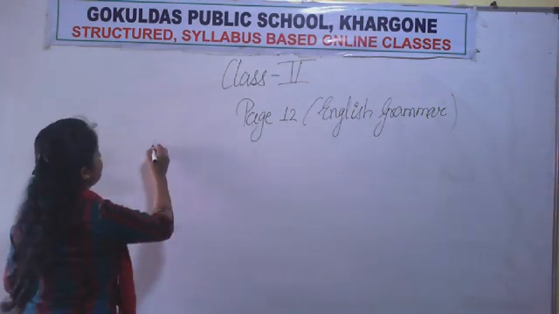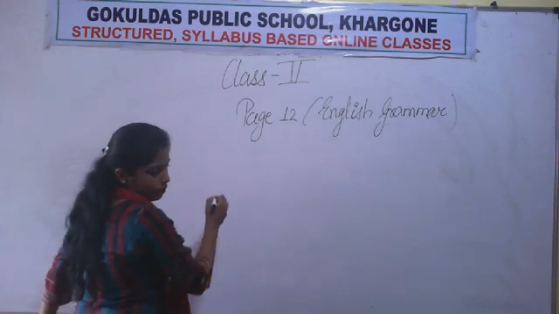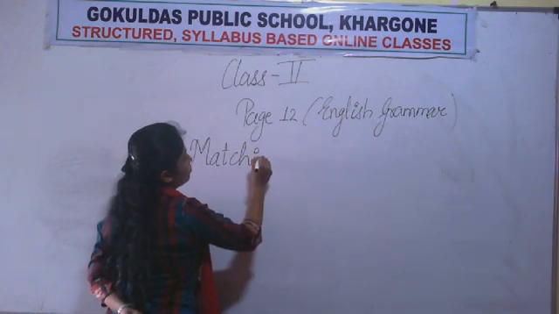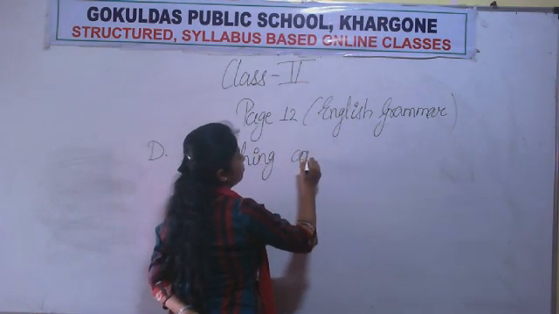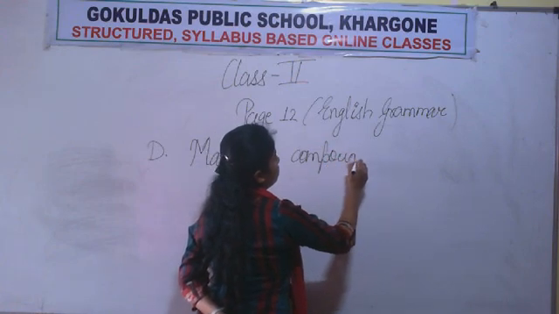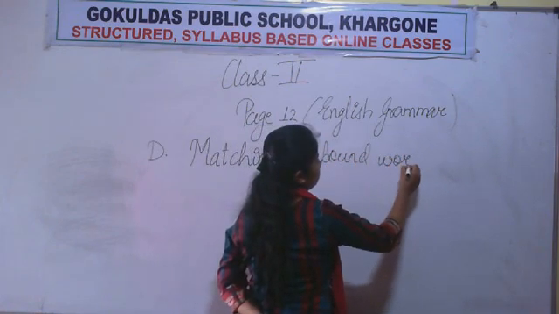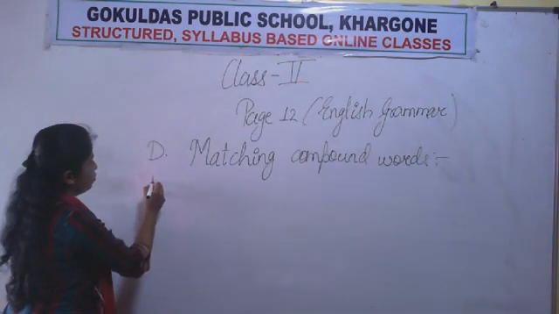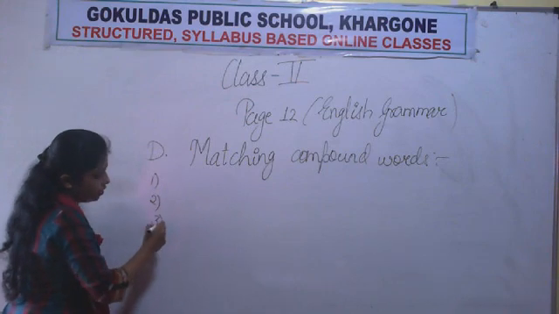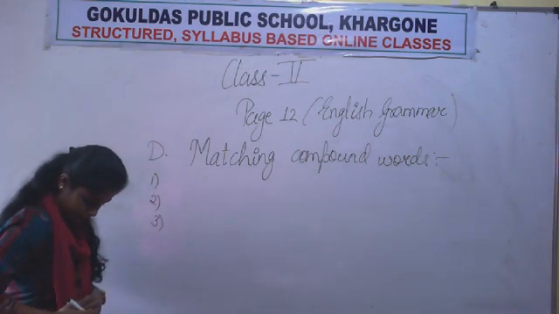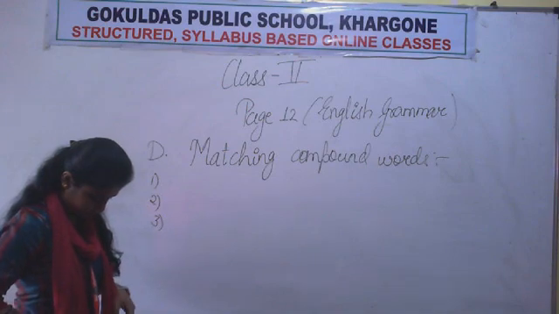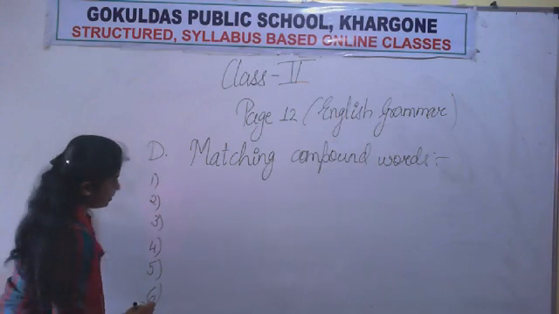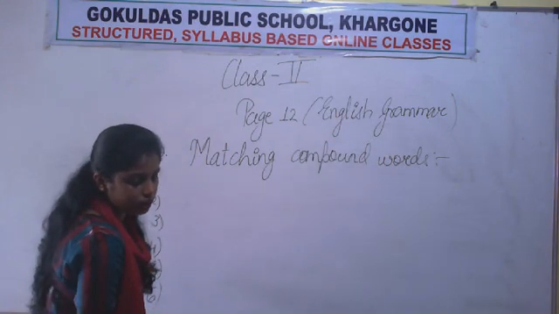Next, exercise number D, matching compound words. One, two, three, 4, 5 and 6. So what is there in this column?